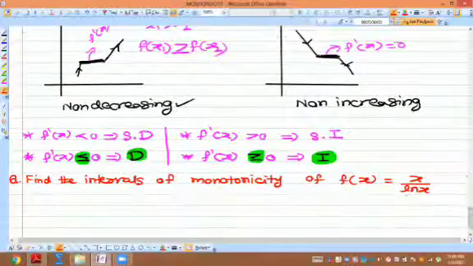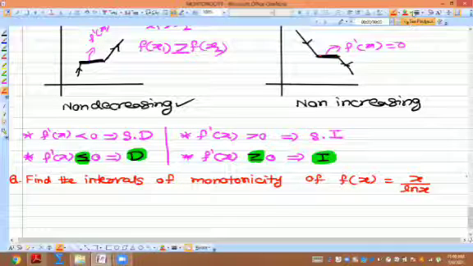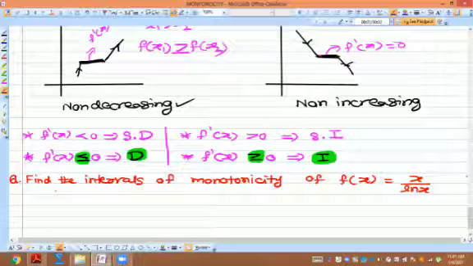Means you need to tell when it is strictly increasing, when it is strictly decreasing. So first of all, for that you need to find f dash of x. Find f dash of x and tell me.